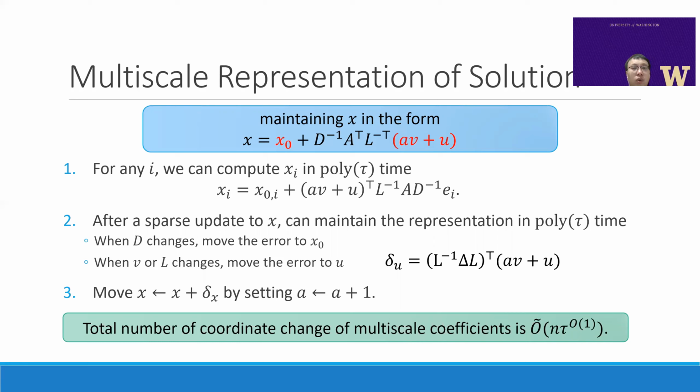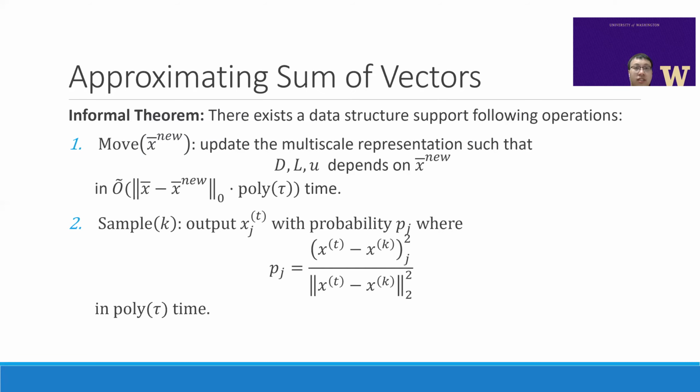So we have this implicit representation of our solution vector x, but we still need an L infinity approximation x bar in order to run the central path method. So how do we do that? Our solution is using some sketching techniques. We show that we can actually construct a data structure that supports the following operations. One is we can update the corresponding L infinity approximation.